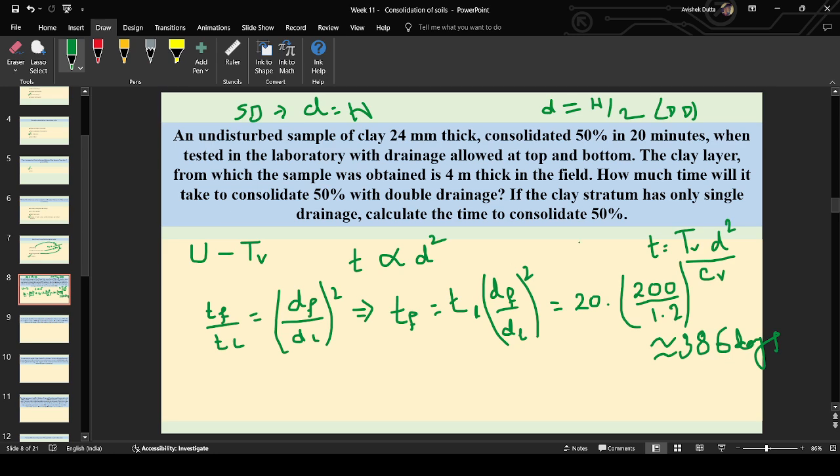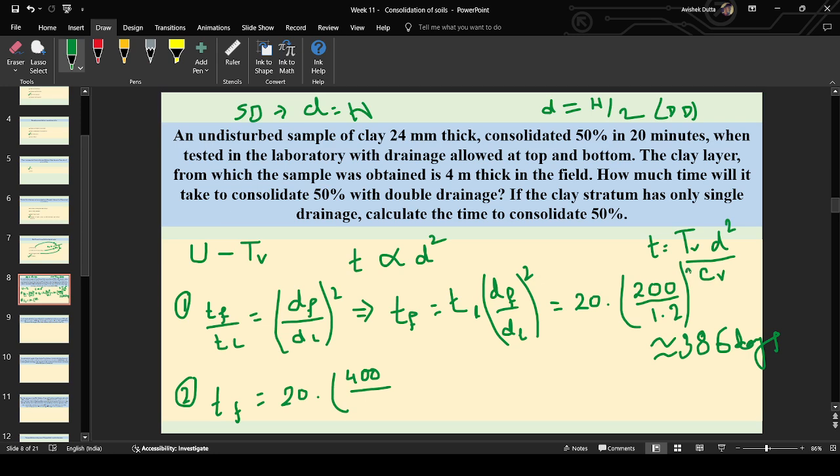In the second part, the clay stratum in the field has only single drainage. So this is the first part; in the second part, the time in the field will be equal to 20 minutes. For single drainage, it will be d equals H, that is 400 centimeter. Sorry, here there is a square.